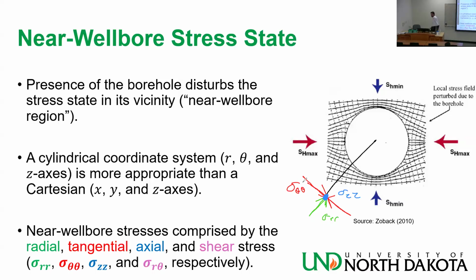Okay, it's understandable. Hakim, who else? Hakim is using vertical wells, so his axial stress is sigma ZZ, right? When I was in my PhD, I was using horizontal wells, but for some reason I had them parallel to the y-axis, so it was sigma YY.